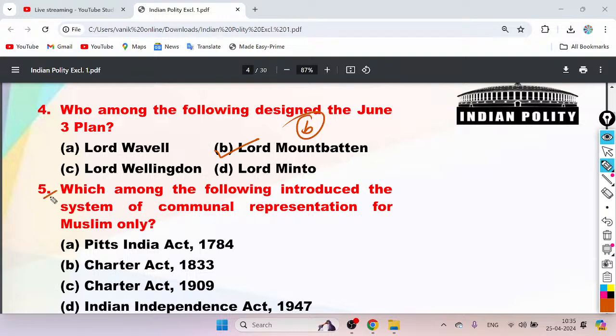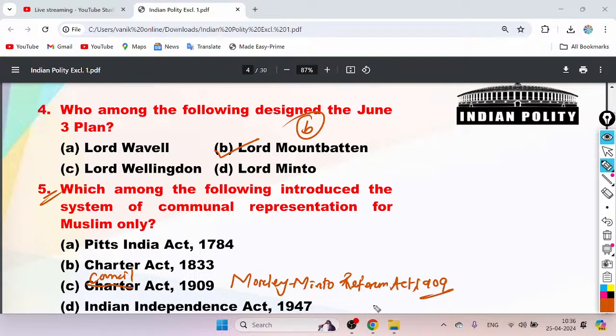Question number 5, which among the following introduced the system of communal representation for Muslims? Communal representation took place in the 1909 Council Act. It is not Charter Act, it is Council Act, or popularly known as Morley-Minto Act, 1909.